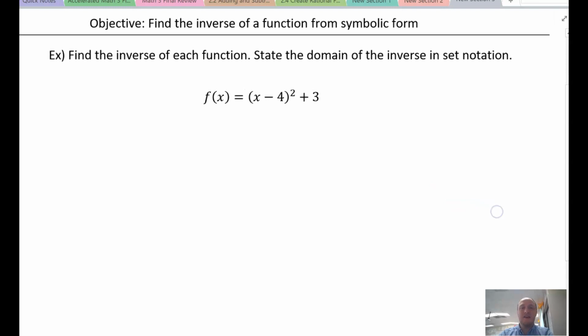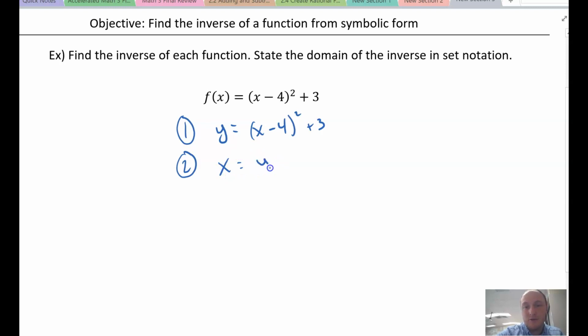We are asked to find the inverse of f of x and state the domain. Step 1, I'm going to change from function notation to x's and y's. Why am I doing this? Because in step 2, you have to switch your x and your y. x is equal to y minus 4 quantity squared plus 3.